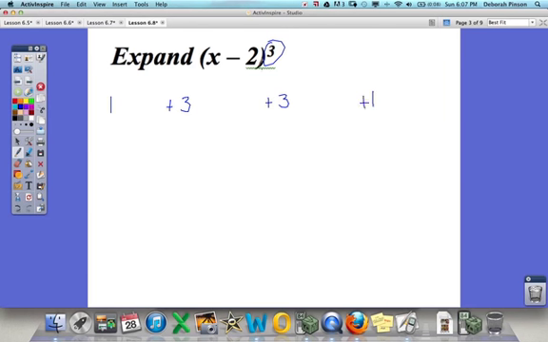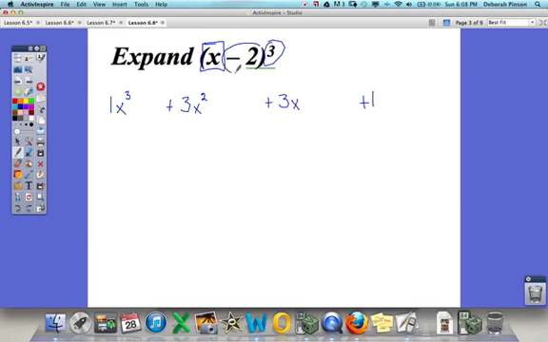Okay, now what I'm going to do with my first term here is I'm going to start with it being to the third power. In the next term, squared, second. Next term, first. Last term, it's like it's to the 0 power. Anything to the 0 power is 1. So it's like it's not even there.